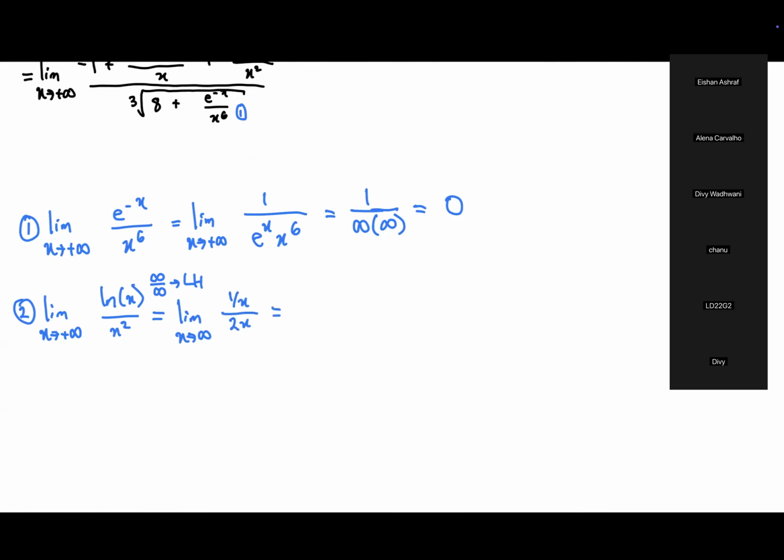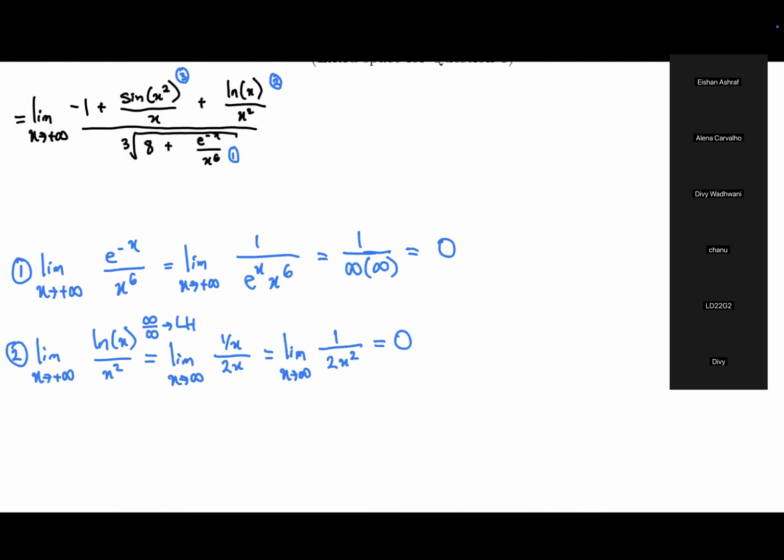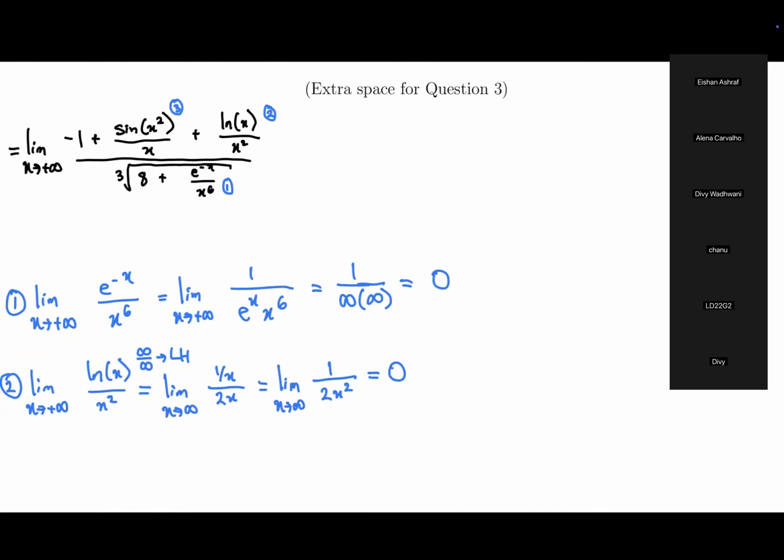And then just simplifying from here, we'll get 1 over 2x squared. And again, that just tends to 0 if we were to apply direct substitution. So that's good. Our first two terms are just constants.